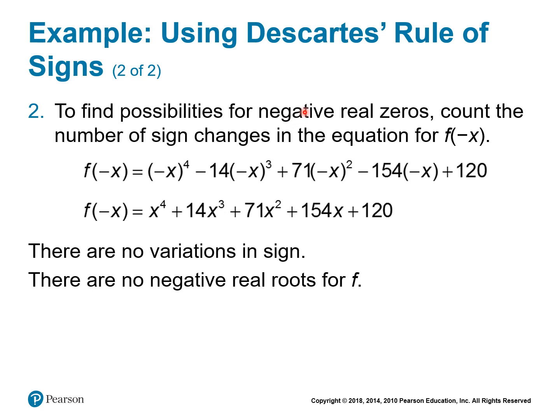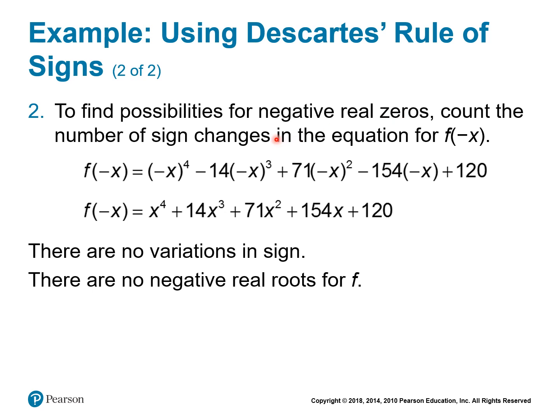Now, as far as negative real zeros are concerned, we cannot work with the original polynomial function as was given to us. We have to change it a little bit in the sense that we have to replace the x in f of x with negative x and rework this polynomial. And that's exactly what they did as the first step in determining negative real zeros.